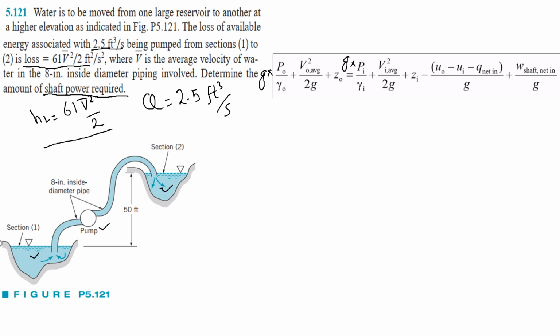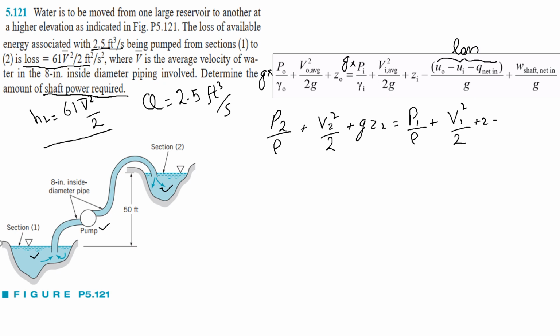So we are going to write this as P2 divided by density plus V2 square divided by 2 plus g Z2, and for the right hand side it will be P1 divided by density plus V1 square divided by 2 plus g Z1 minus, I will call this whole term my loss.